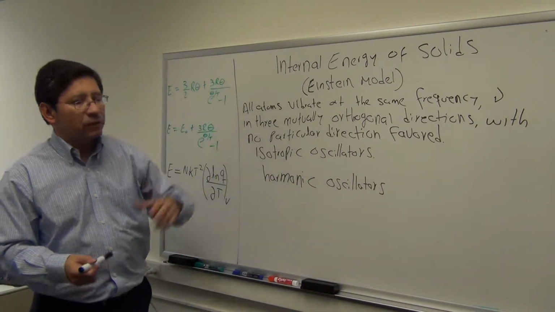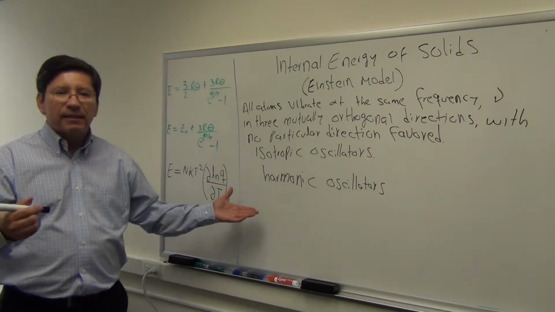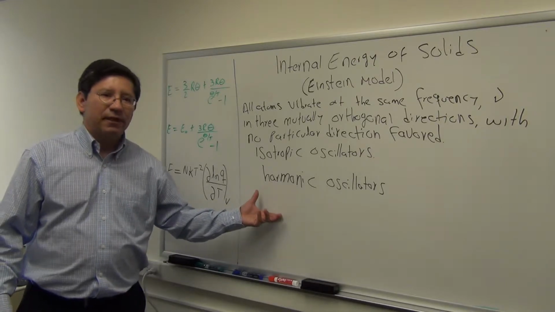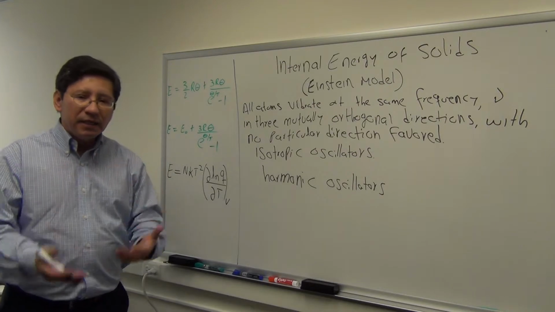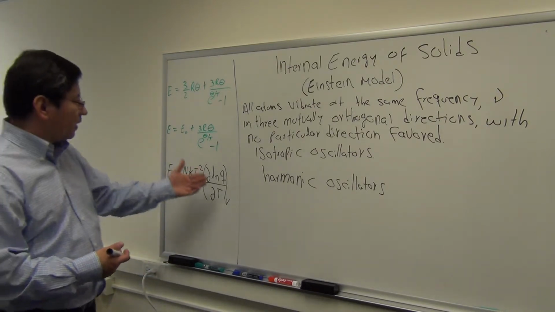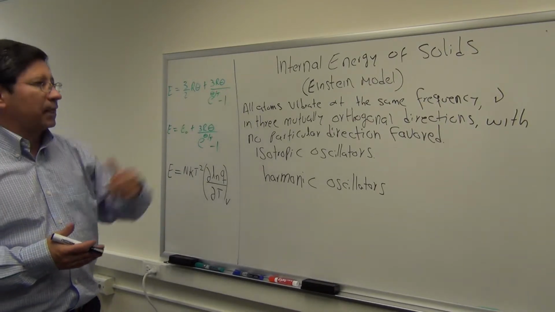Simply because, from quantum mechanics, we know what the energy expression is for harmonic oscillators, right? So we have all the elements in this model needed to come up with an expression for Q, and then from there we should be able to get the internal energy of the solid based on that model.